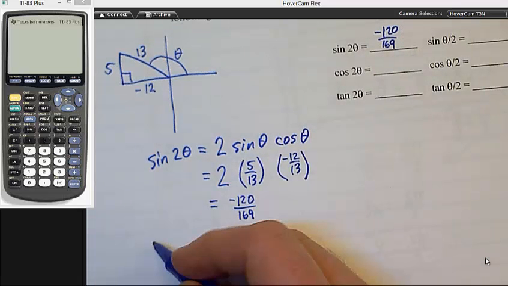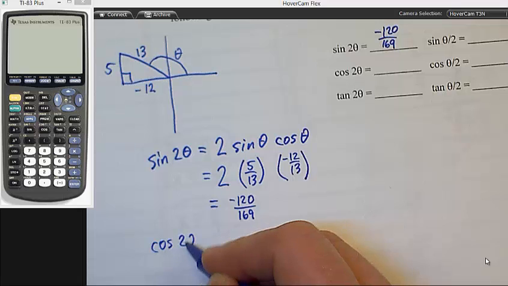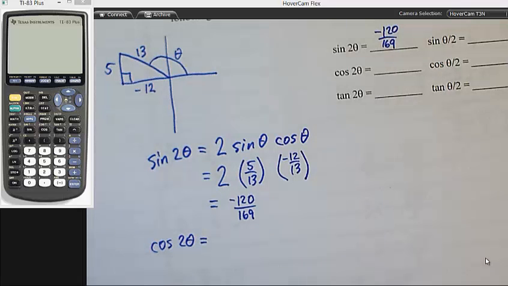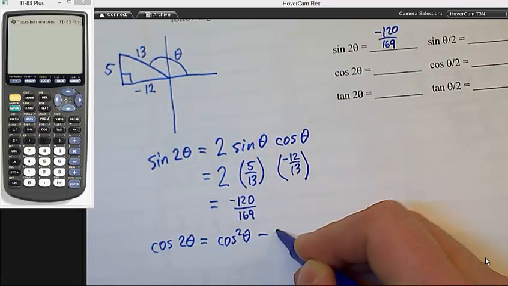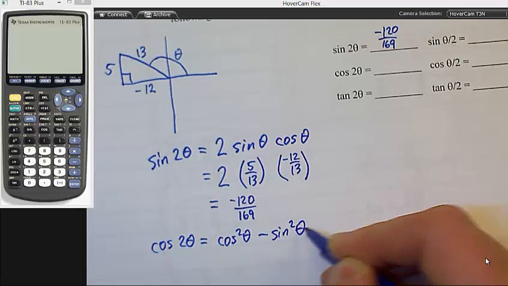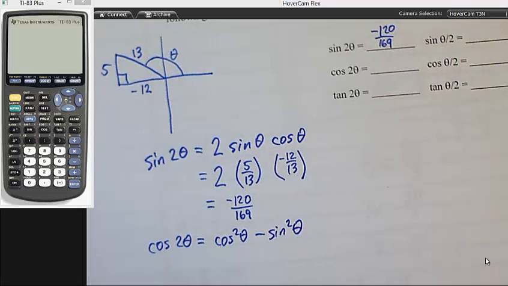How about the cosine of 2 theta? Actually, there's a lot of forms for that. A lot of different ways you can write that identity. We had that one problem where there were 3 different ways of writing it. That's the one I remember, cosine squared minus sine squared. But if you did 1 minus 2 sine squared, that works also. Okay.